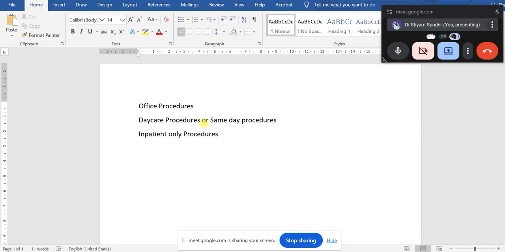Usually minor to moderate procedures. Whereas inpatient-only procedures are very complex. You have to admit the patient, and the patient has to stay maybe 2 days, 3 days, or 5 days, depending. Of course, you will slowly understand. Some of the procedures are easy to identify as office, same day, or inpatient.